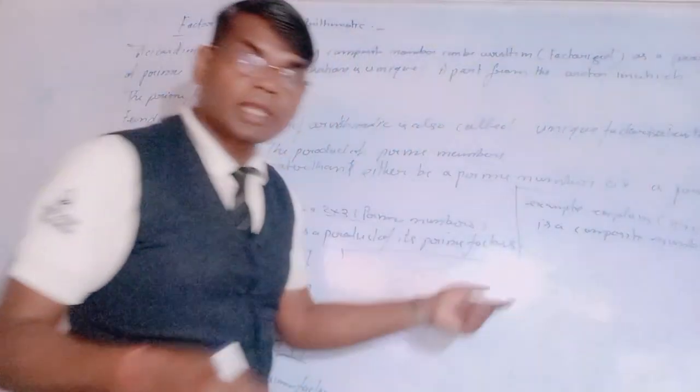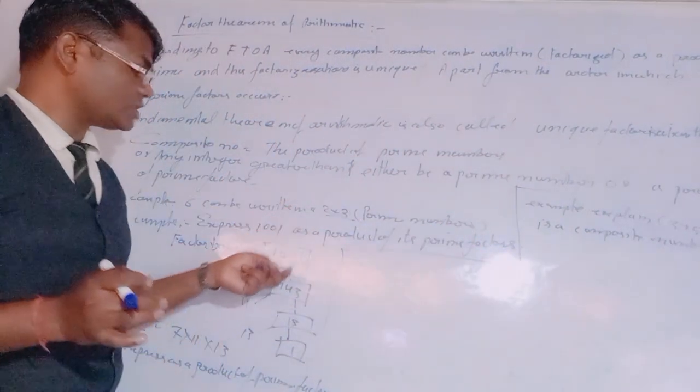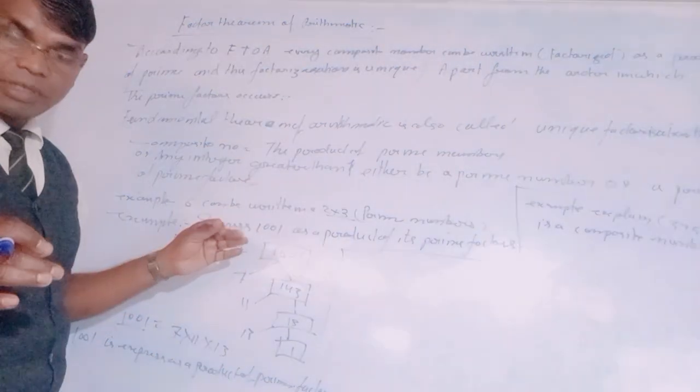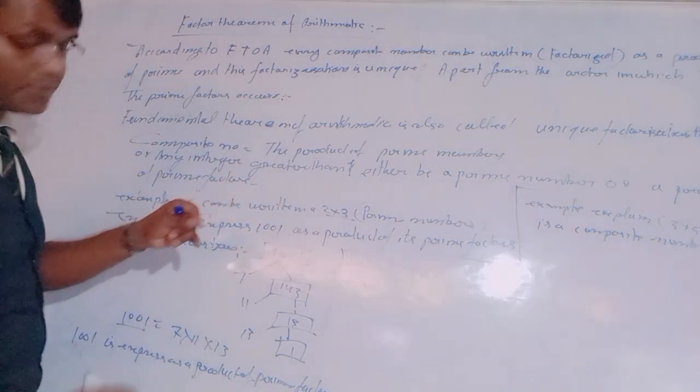As we know, a composite number can always be written as a product of prime numbers. So a composite number is equal to the product of prime numbers.